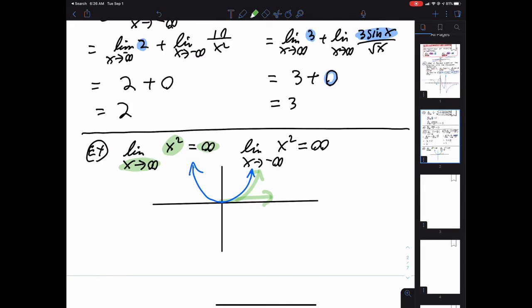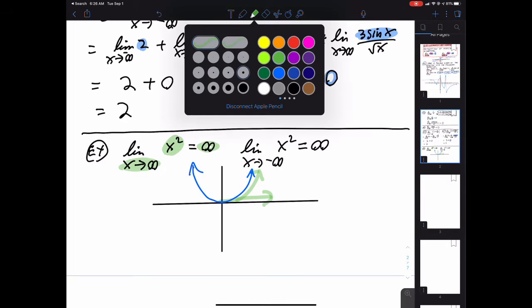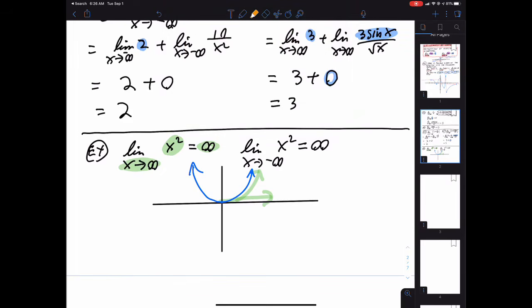So you should recognize if you have a limit at infinity and it goes to infinity, the function's going to move upwards without bound. And similarly, let's look at the other one. This says, as I move to the left, the y value of the function goes to infinity. As I move to the left, the y value is going to go up. So that's how that works.